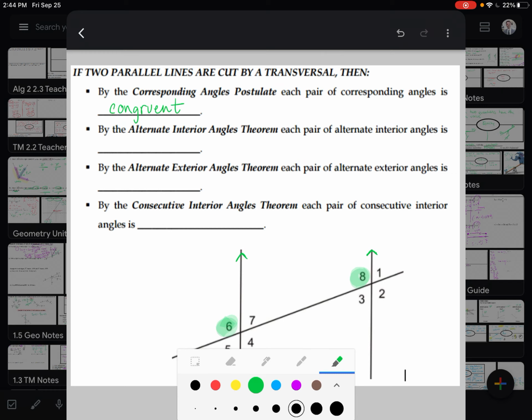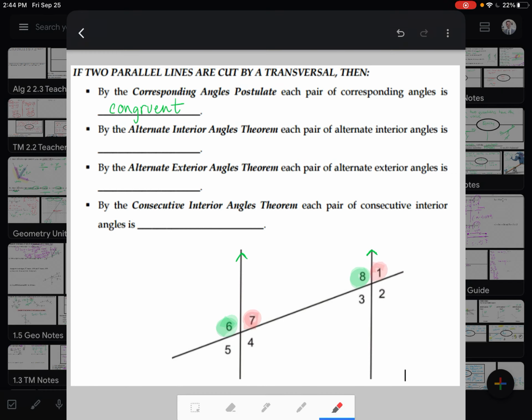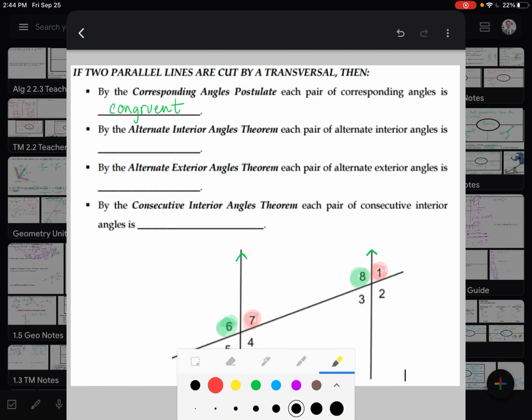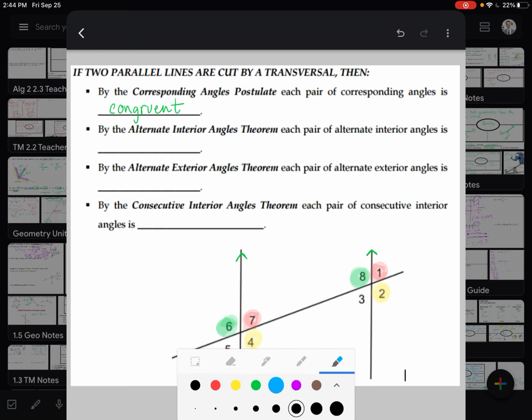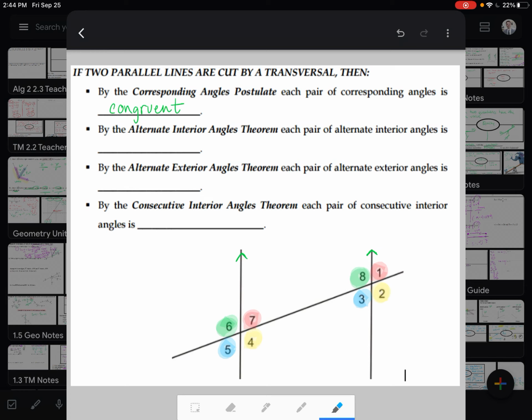They match there. 7 and 1, another pair. 4 and 2, another pair. And then let's do it in blue, 3 and 5. So all of these corresponding angles are exactly equal to each other. To summarize, we could say that angle 1 is congruent to angle 7. And remember that squiggly line on top means congruent.